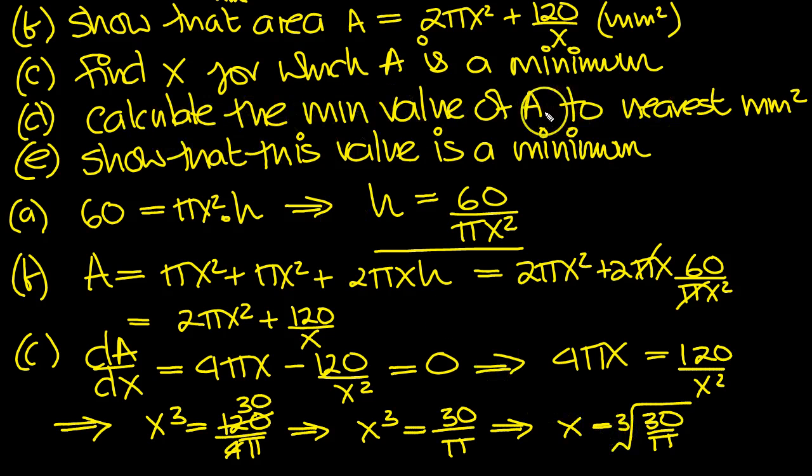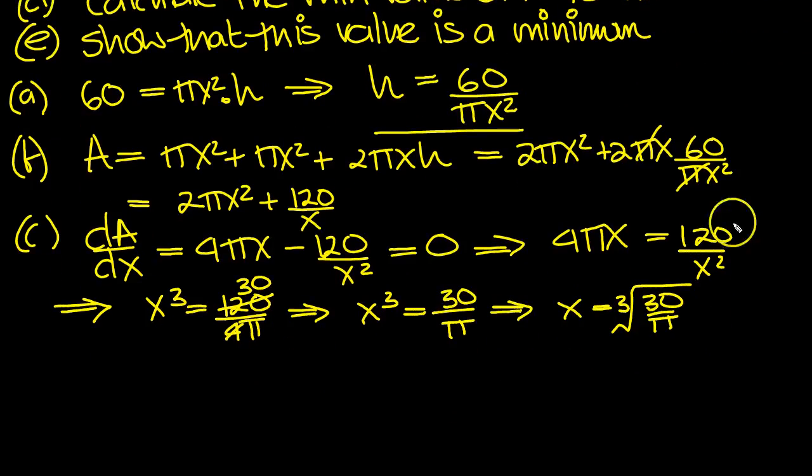Calculate the minimum value of A to the nearest millimeter. So this is the x value, and we now need to put it back in. Show that this value is a minimum. What I really need to do, find x for which A is a minimum. So we need to get d2A by dx squared, really, don't we, to show it's a minimum.